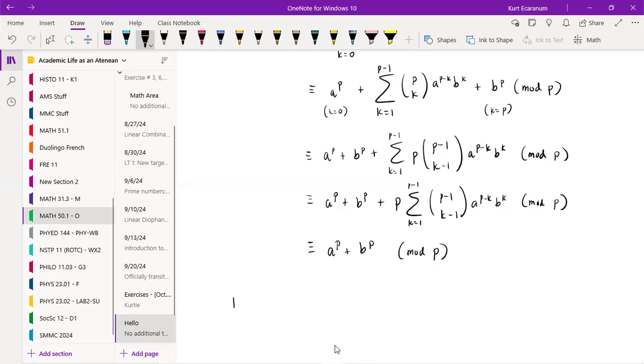Yung finactorial ko siya, p factorial divided by k factorial p minus k factorial. So, equals to, parang same process lang din nang gagawin natin siyang binomial coefficients. So, k factorial p minus k factorial. Yan. And then, actually, this is a binomial coefficient pa din eh. Yung p minus 1 tas p minus k.